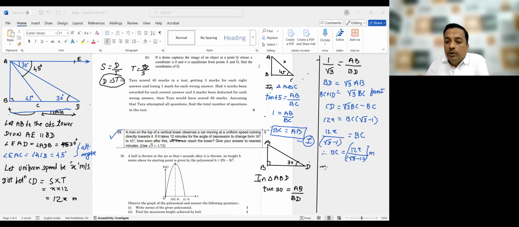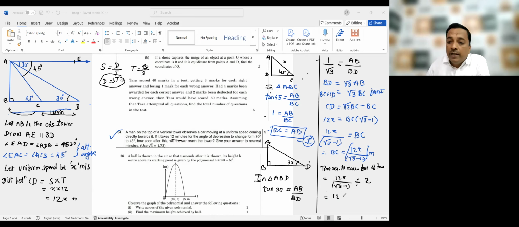So time required to reach the foot of the tower, what will come? 12x upon root 3 minus 1, divide by, I will write divide like this, divide by the speed, and already we mentioned that uniform speed is x kilometer per hour, so x.